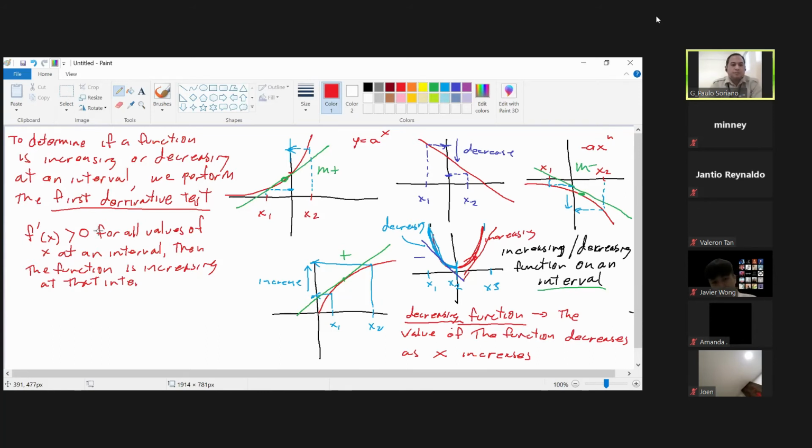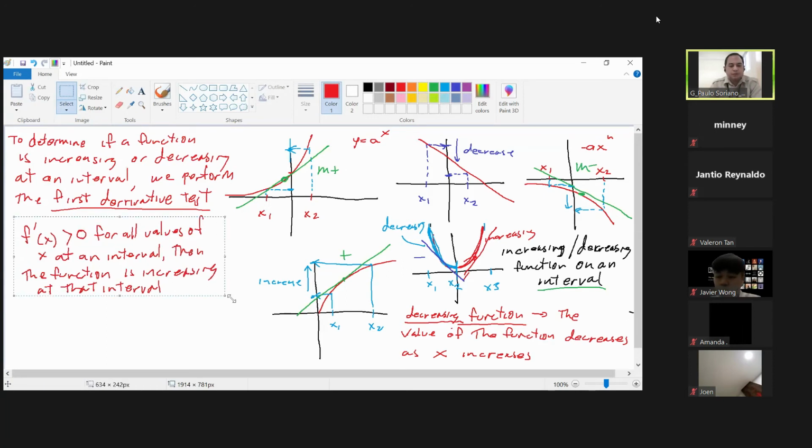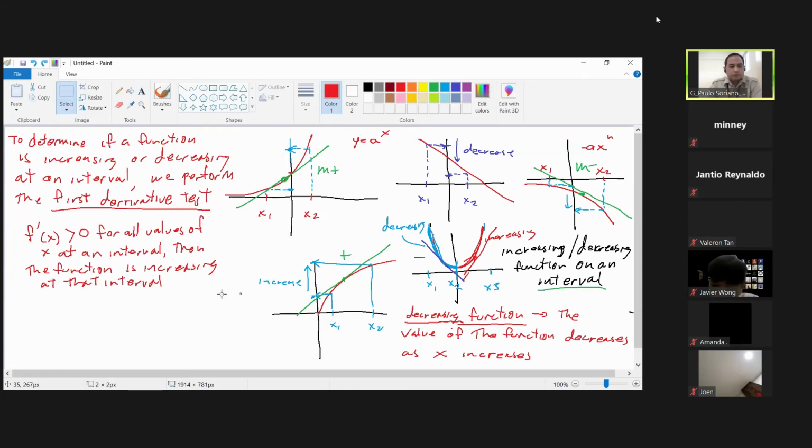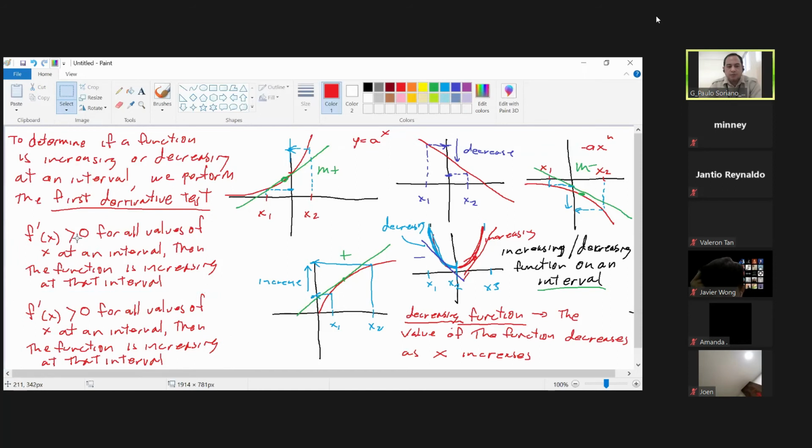Okay, so that's the definition, or that's the purpose of this test. You take the first derivative, take note, first derivative only. Take the first derivative of the function and then test it, find the values of x. If it is all positive in that interval, then it is an increasing function.